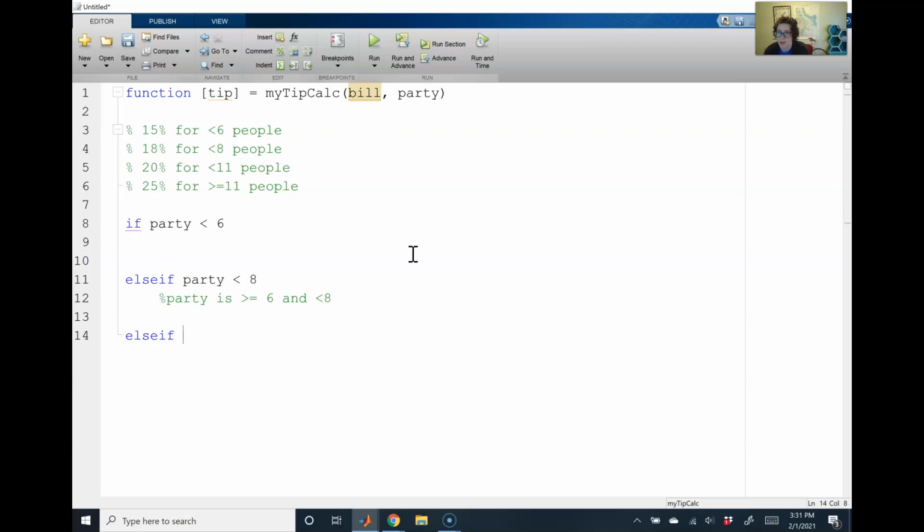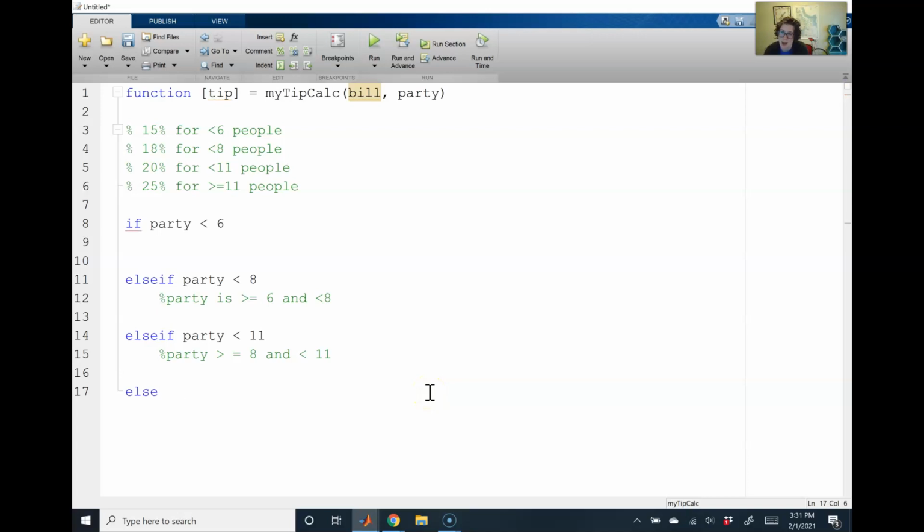And we're going to have an else if party is less than 11. That means the first one was false and the second one is false. So this means party is greater than or equal to 8 and is also less than 11. That's the only way we're going to end up in this, is if the previous is false and this is true.